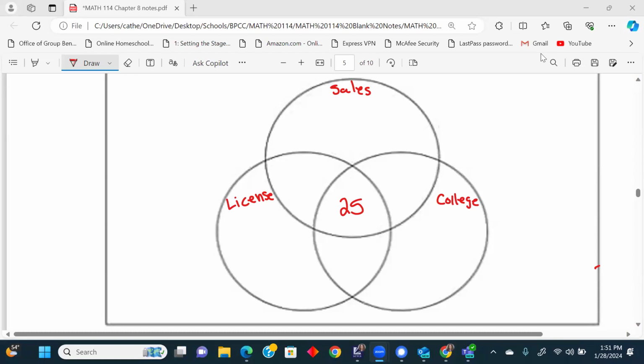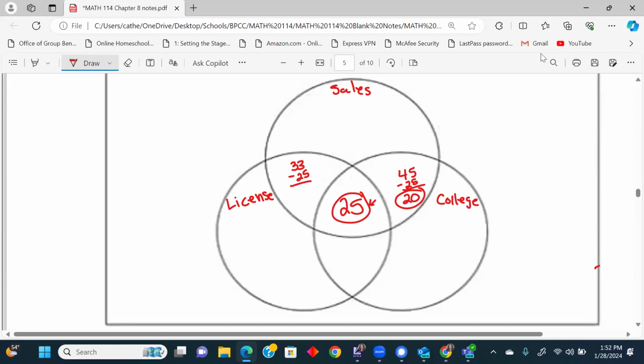Okay. So we had 45 that had sales experience and a college degree. That also includes this 25. So 45 minus 25 gives me 20. Then overlap where there's a sales and a license. So sales experience and a real estate license was 33. That includes these 25.